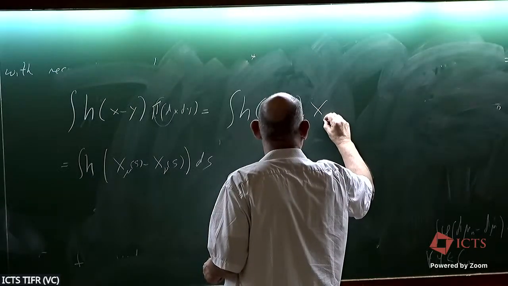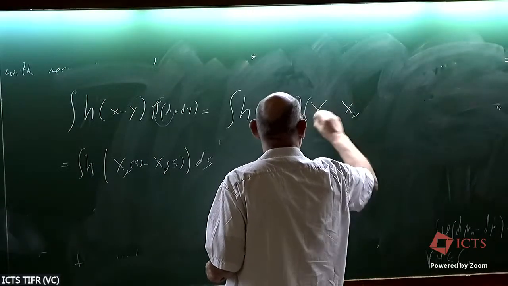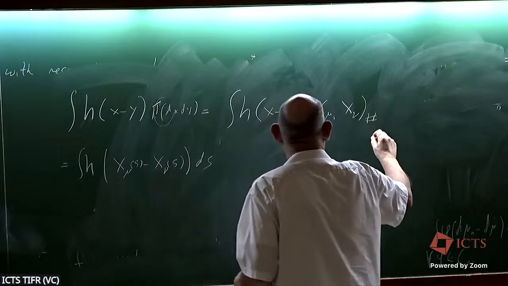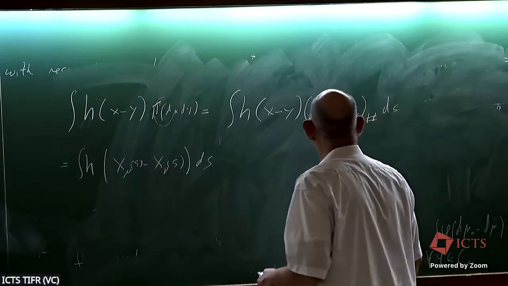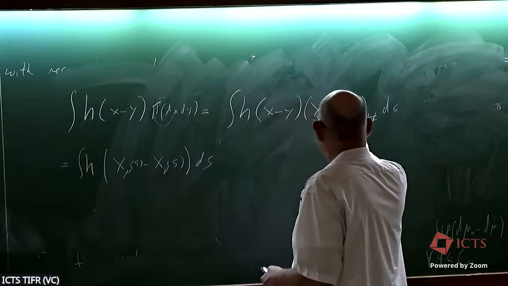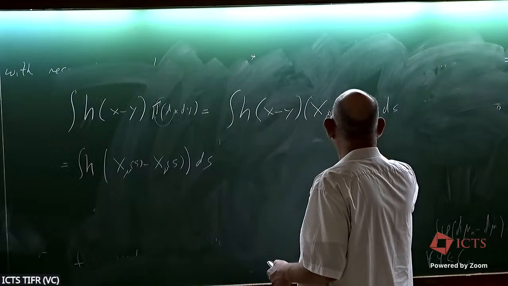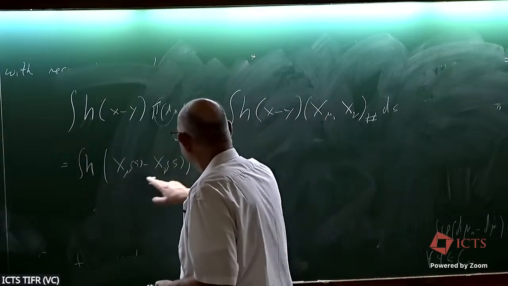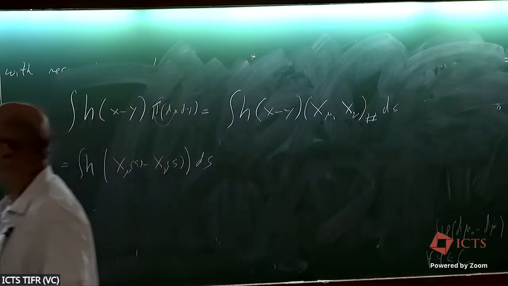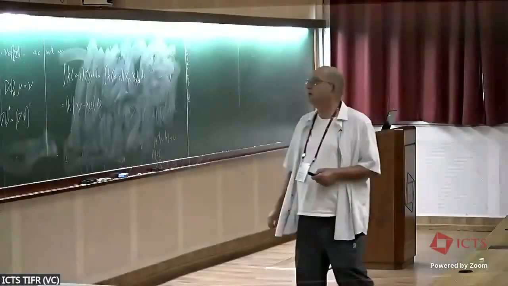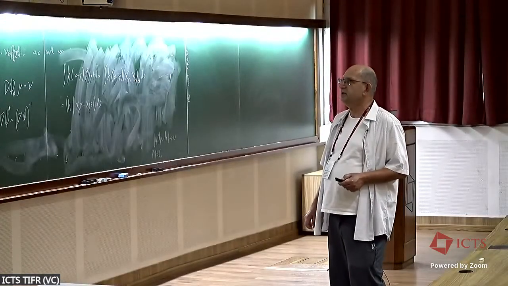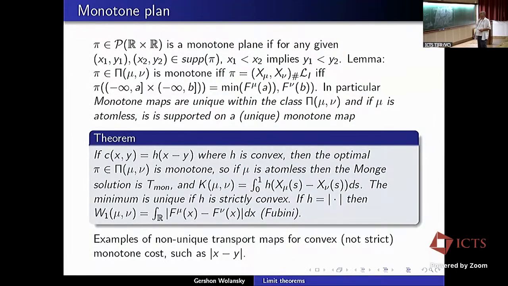This is precisely what the push forward does: you take this function and put it in the variables. So we have this representation of the Wasserstein distance between two probability measures mu and nu, and the theorem says that this is optimal if h is convex.